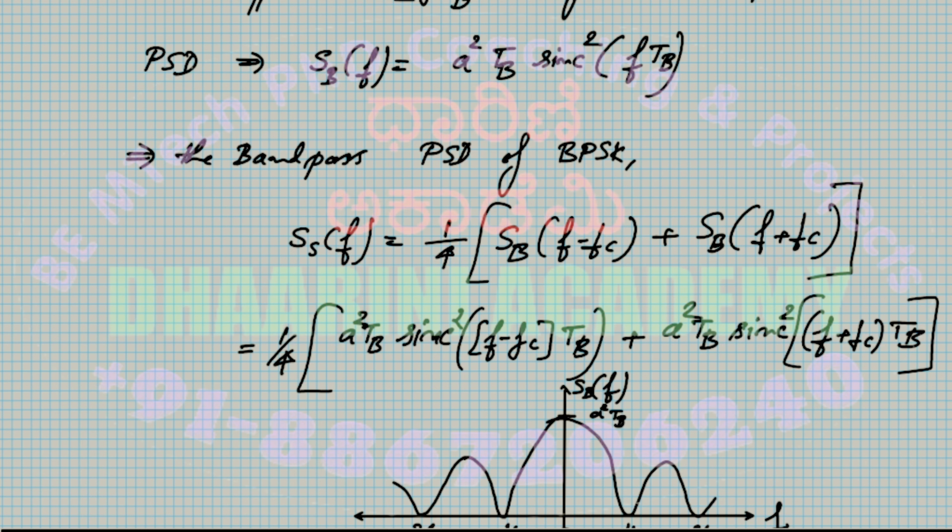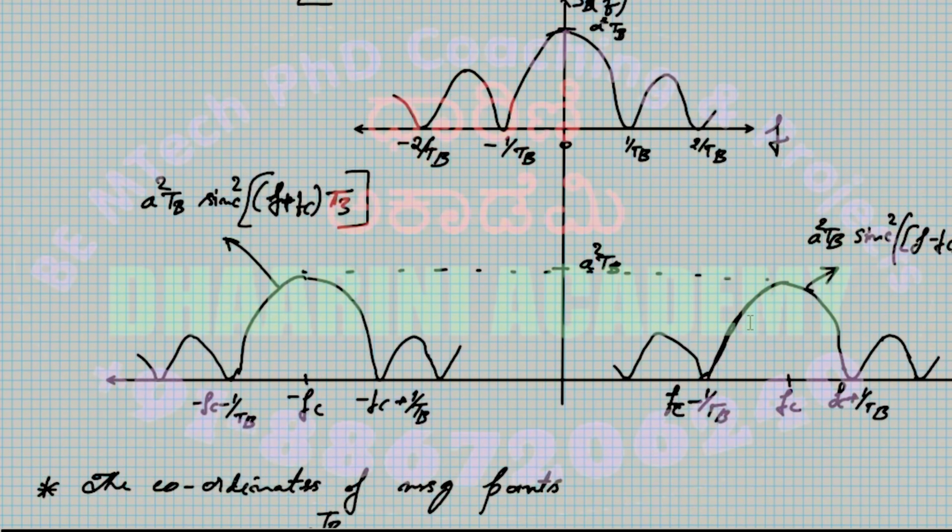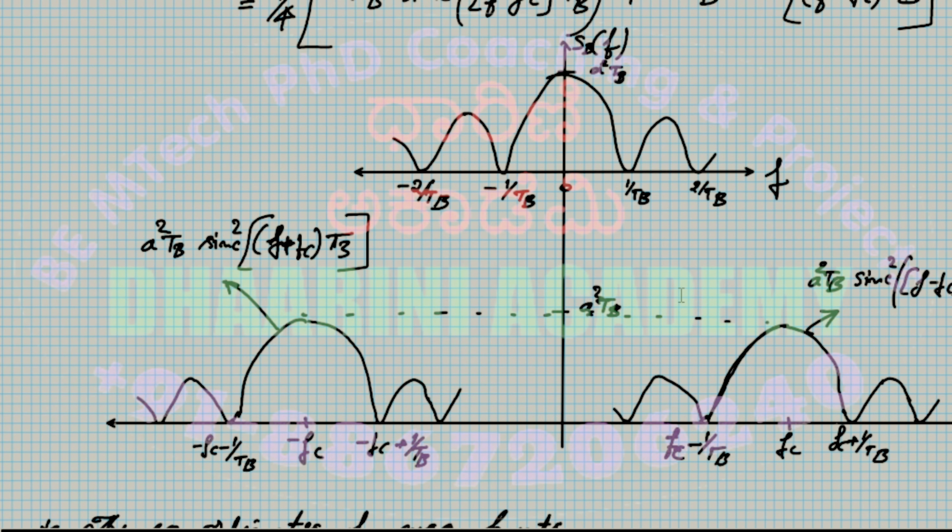Is it okay? Yes. Now we plot that. This is how the baseband signal has the power spectral density, which we already derived in the previous classes. This is how it looks. SB of f, whatever we have plotted here, has a highest magnitude of A squared Tb. Now you need to shift this both ways, to left and to right.